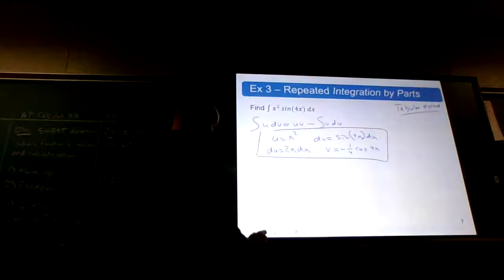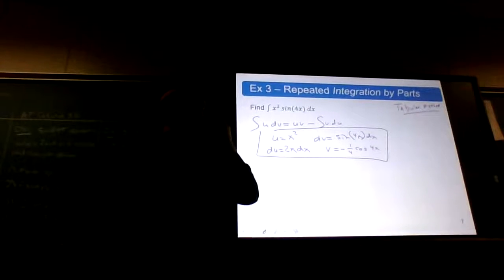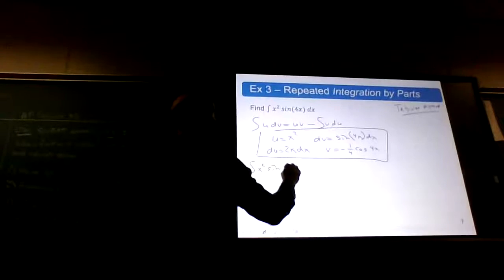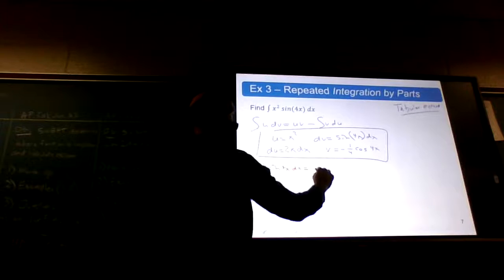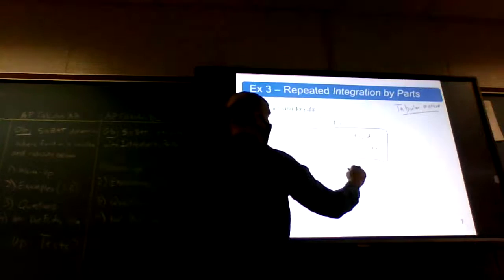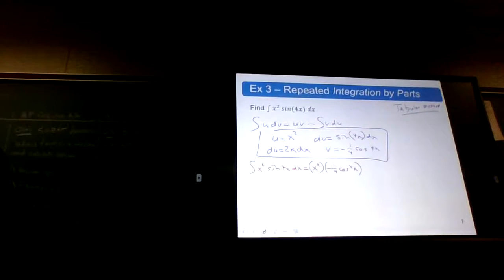So let me get a different color here. Let's do some red. Now I'm going to start substituting this stuff in. So I've got the integral of x squared sine 4x dx. Well, it's going to be u times v, so x squared times negative 1/4 cosine 4x. That's the u times v part.